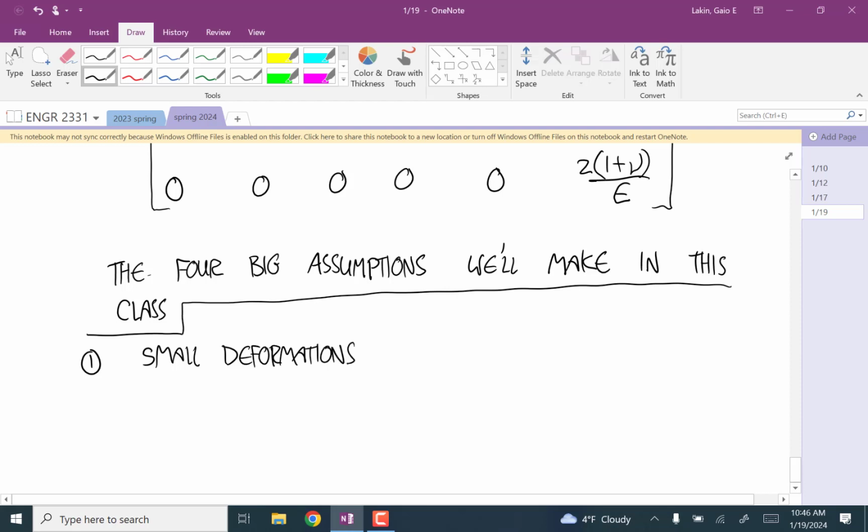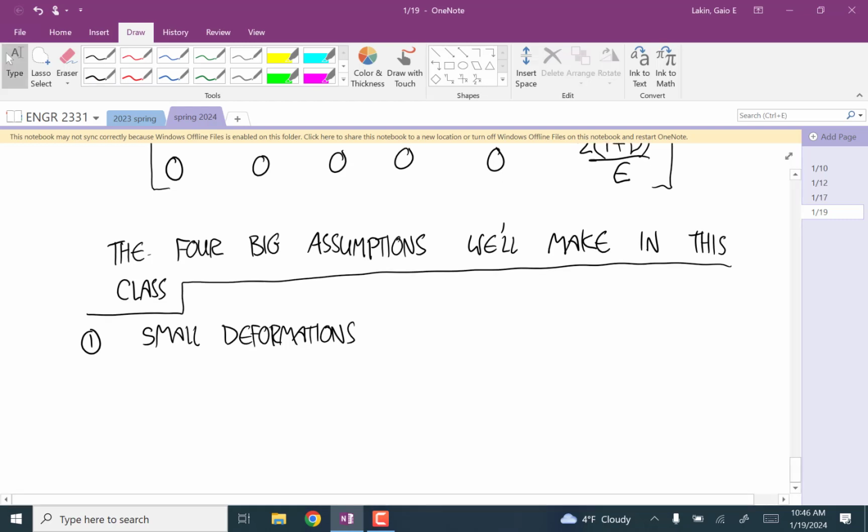Once the deformations get out of a certain range, you don't have this linear Hookean relationship anymore between stress and strain. So we basically are considering deformations right up until about the point where a material starts to be deformed permanently. If you stretch a steel bar a tiny amount and let go of it, it returns back to its original length.